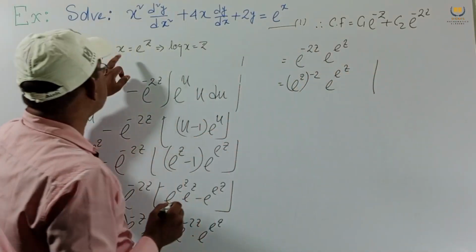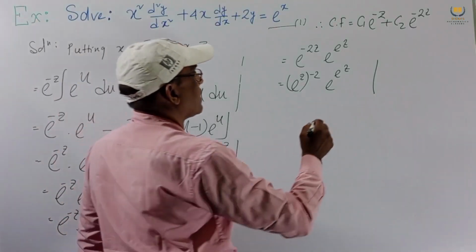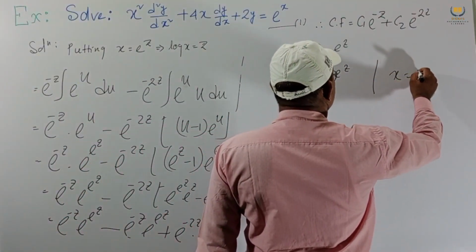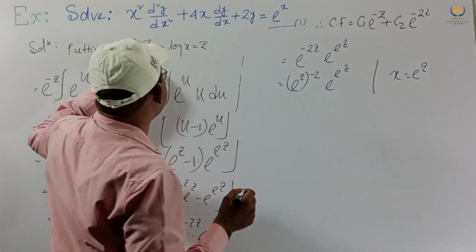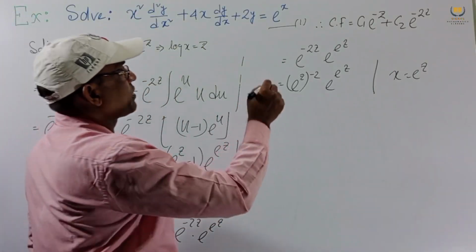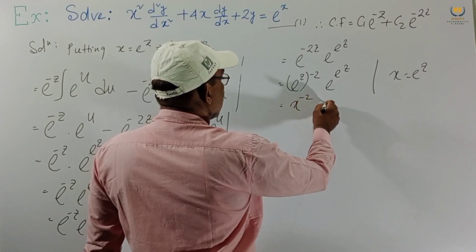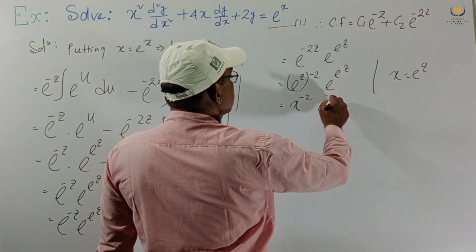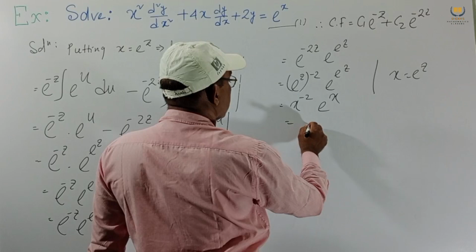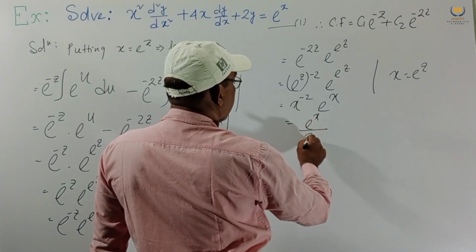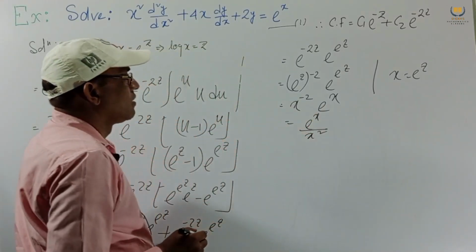But initially we consider x equal to e to the power z. Since x equal to e to the power z, at the very beginning consider this. So putting the value of e to the power z, this is x to the power minus 2, e to the power z means x. So e to the power x by x square we get.